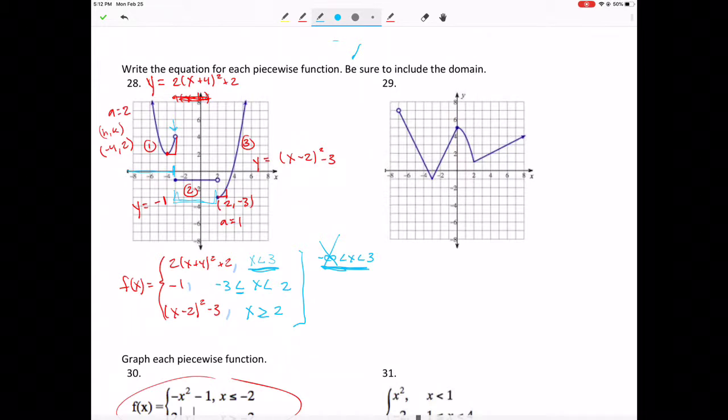You could write this as 2 less than or equal to x less than infinity, but again, it's not how we write things, okay? And we want to have it as concise as possible. All right. If you have any questions about that, let me know.